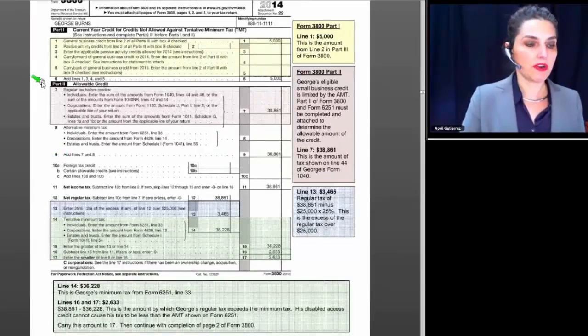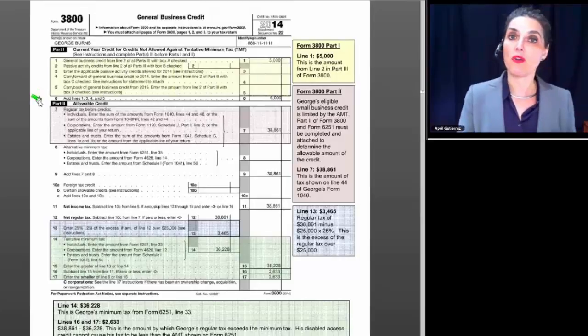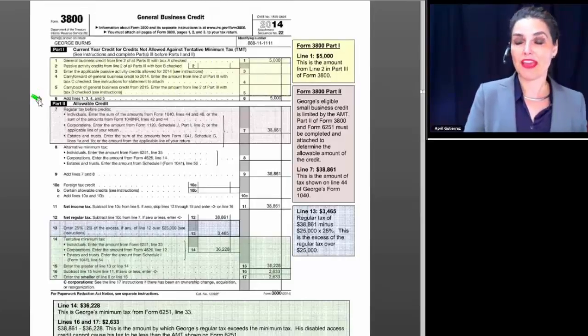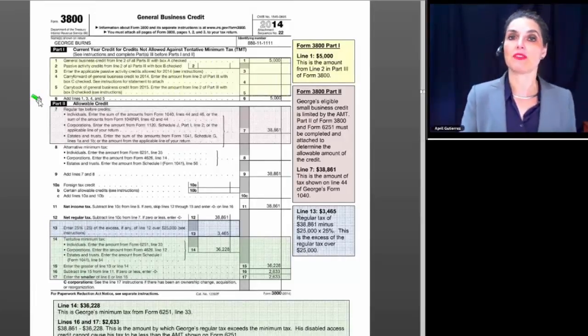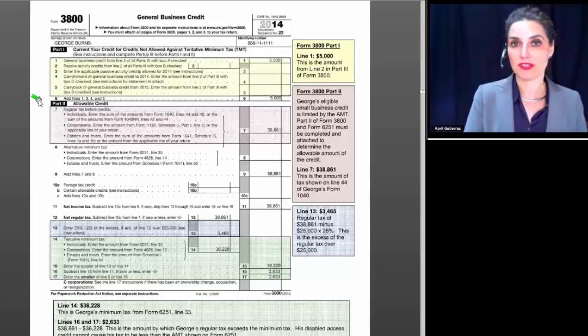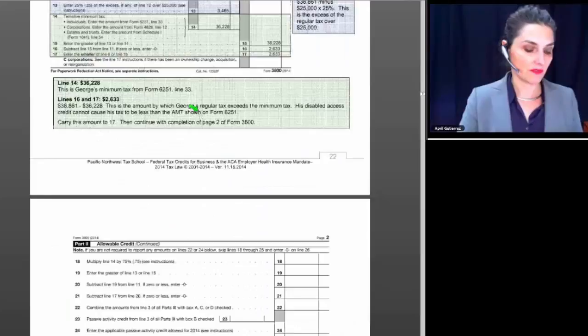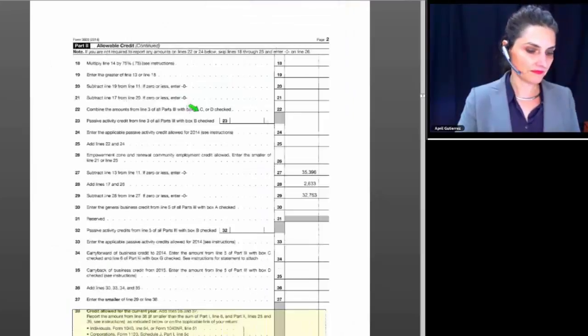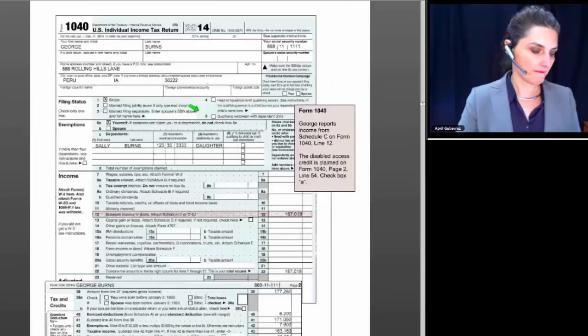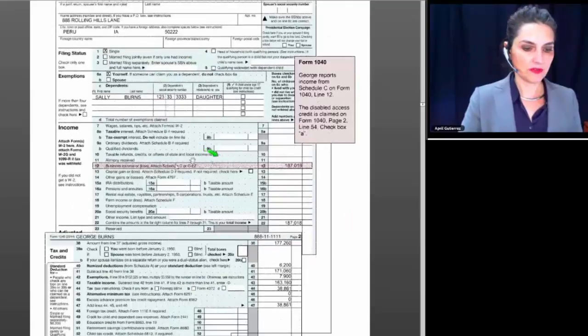Well, to figure Part 2 of Form 3800, we have to go all the way back to the 1040 form and figure his income tax, and then we have to figure Form 6251 for his alternative minimum tax. So let's go take a look at his 1040 form. This is George's 1040 form right here. And you can see on line 12, we've entered the net income from the business.